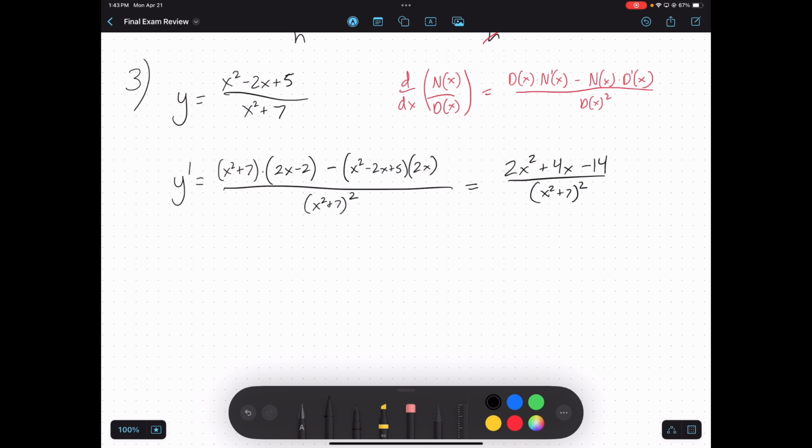We'll move on then. Okay, number 4, we've got a function 2x to the 6th minus 10x cubed plus 7x. And I want to find this crazy thing.